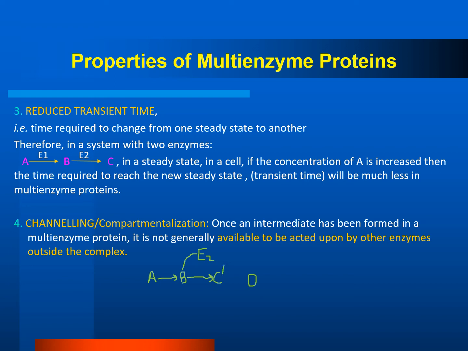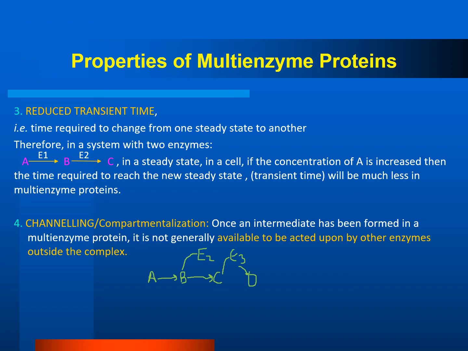Similarly, C will have to be accessed by the enzyme E3. Then only D will form. So in this case, there are high chances that as B moves towards the catalytic center of E2, it may be acted upon by some other enzymes or it may be degraded.